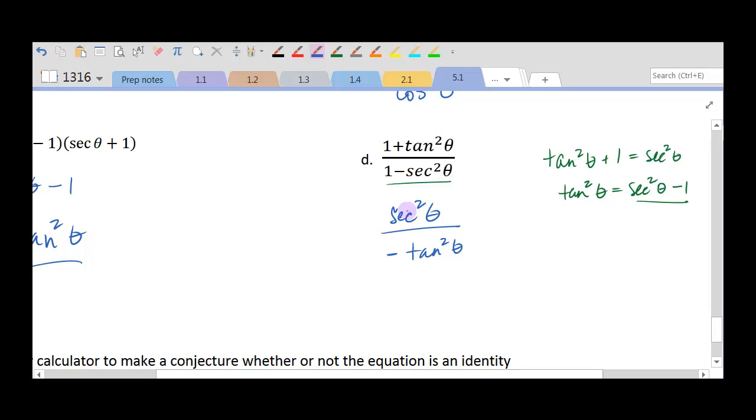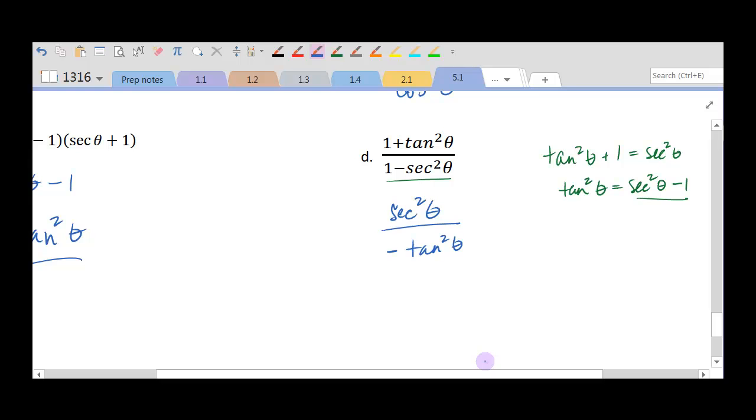Okay, so again, I have secant and tangent, which may be okay, maybe not, but I definitely don't want fractions here. So let's see if I can take this any further to get rid of the fractions that show up. Secant squared theta can be written as 1 over cosine squared theta.